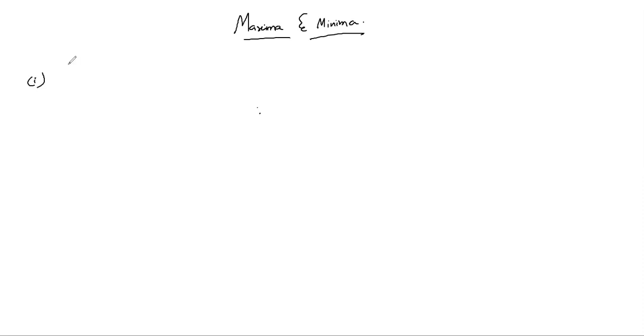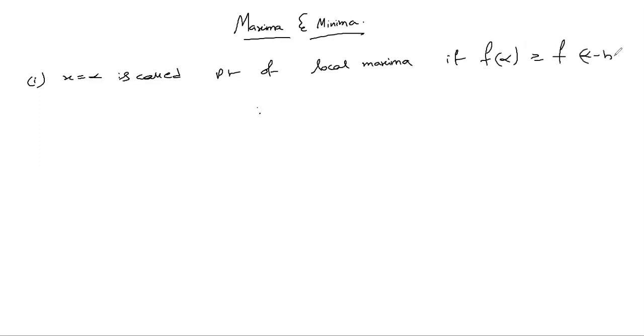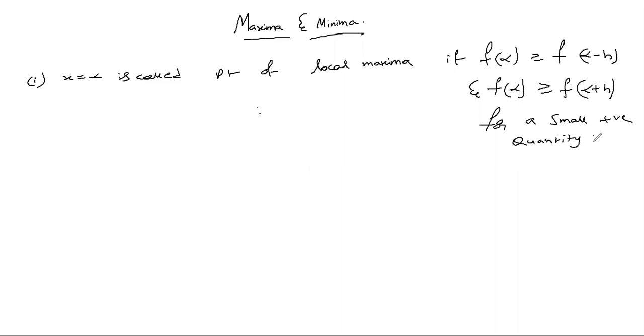First point, x is equal to alpha is called point of local maxima if f of alpha is more than or equal to f of alpha minus h, as well as f of alpha is more than or equal to f of alpha plus h, for a small quantity h.